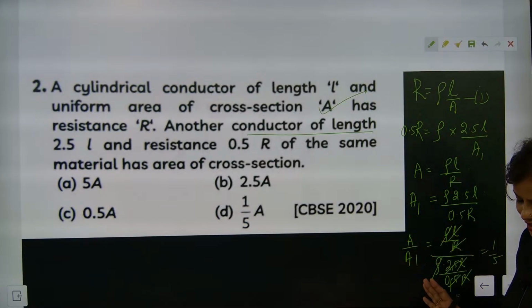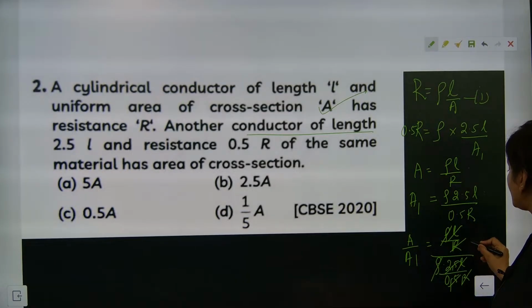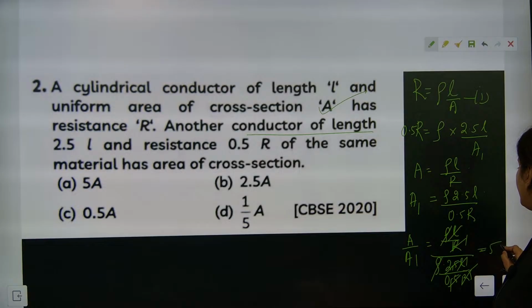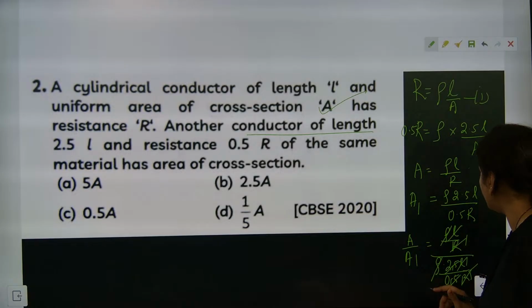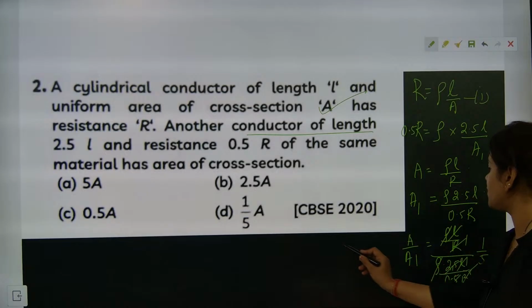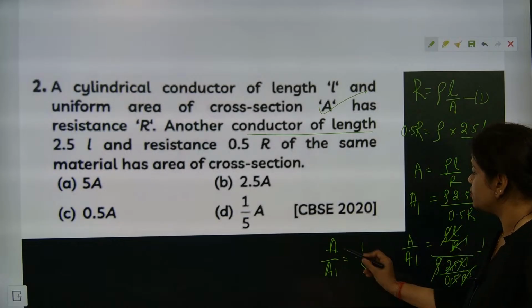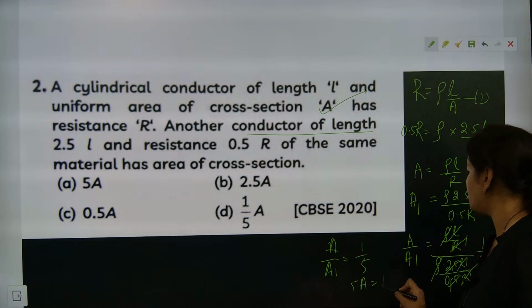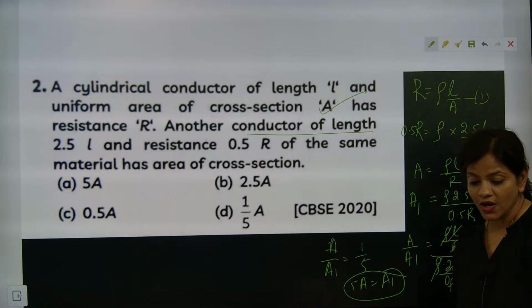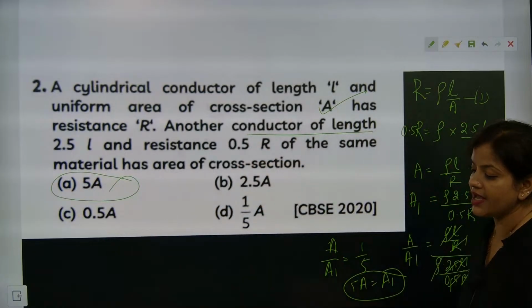Please calculate it very carefully. 1 by 5 or 5? A by A1 is equal to 1 by 5. So the new area of cross section is 5 times the old area of cross section. So the answer will become 5A. So our option came as 5A.